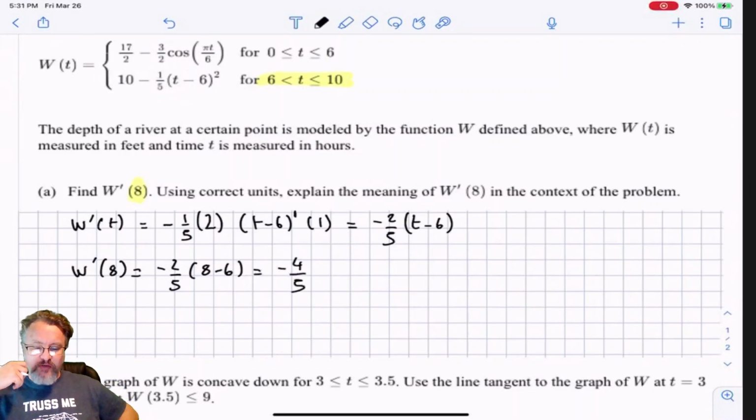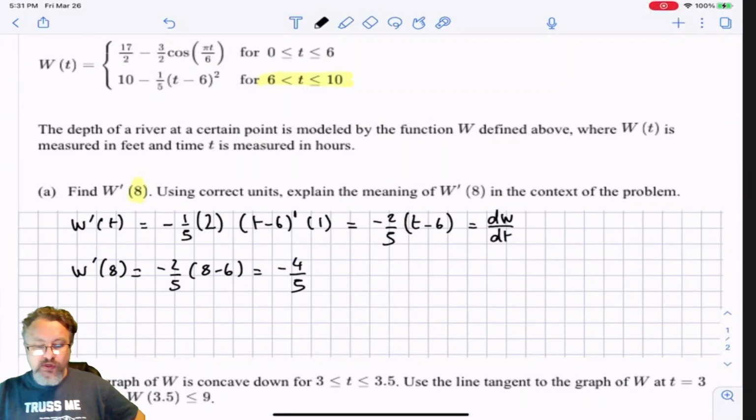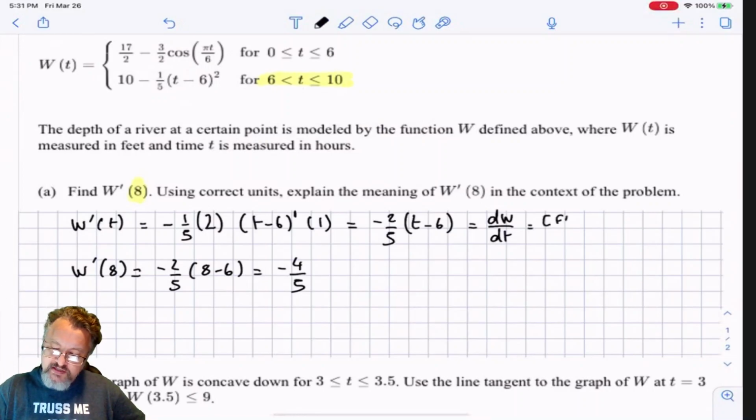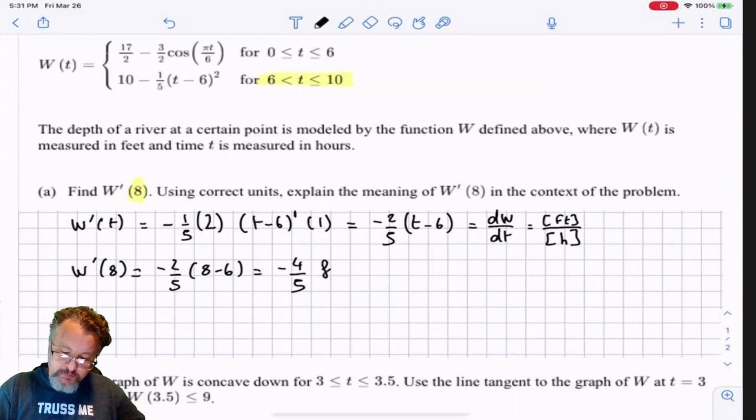But what are we talking about really right here? Well, remember w prime of t is equal to dw over dt. And w, whether it's a small w or a big w, represents here the depth of the river measured in feet. So this is going to be feet divided by time, and the time is in hours, so this is going to be feet per hour.